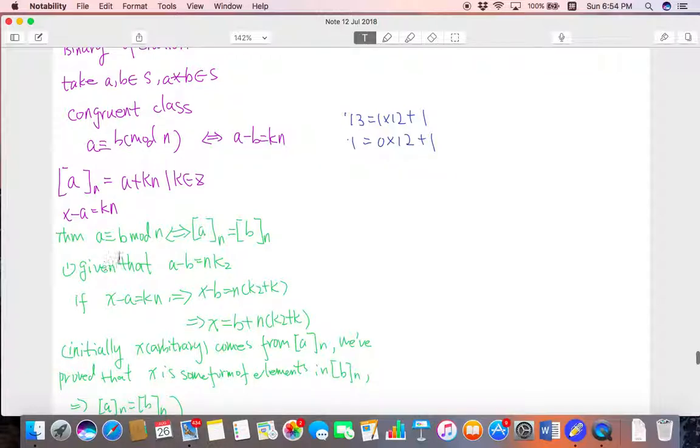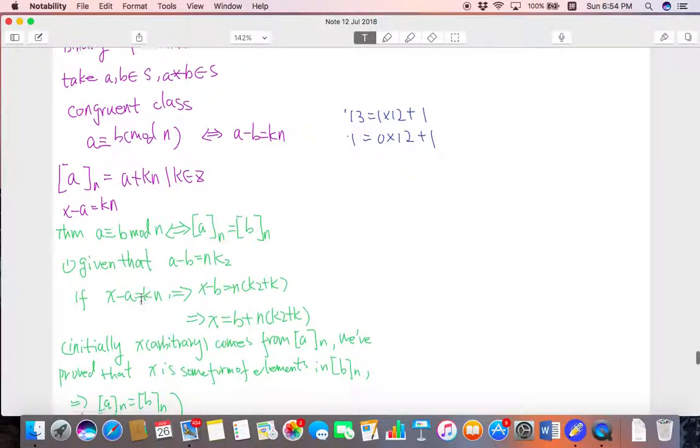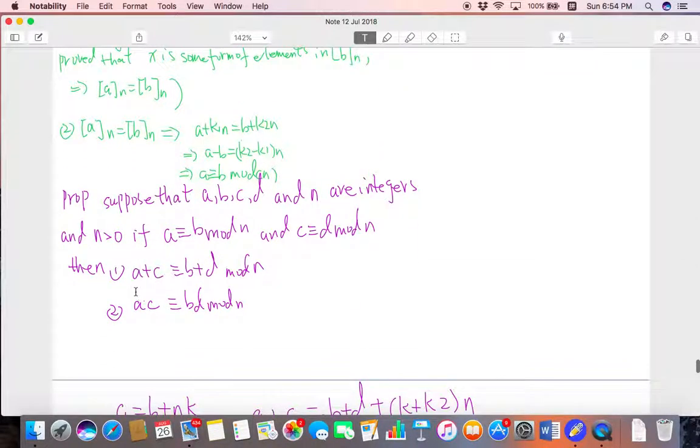So this tells us these two are equal. If we have two congruent classes, they are equal to each other. That means a is congruent to b mod n, and that's why we can expand it out like that. And then we have another proposition.